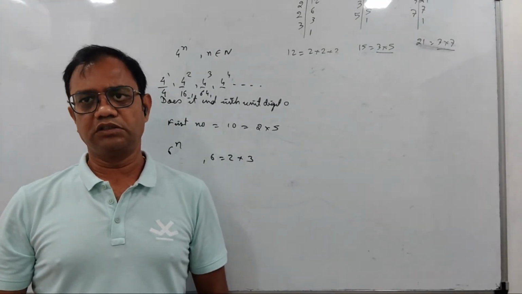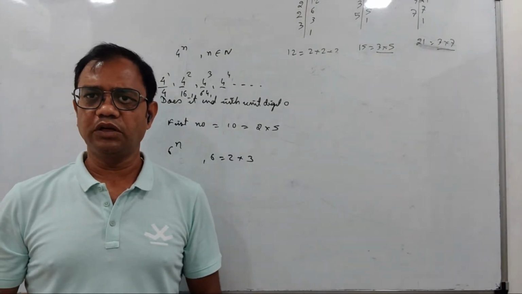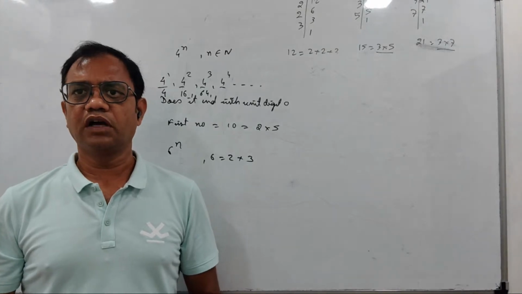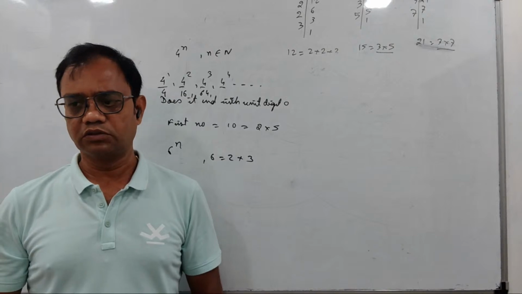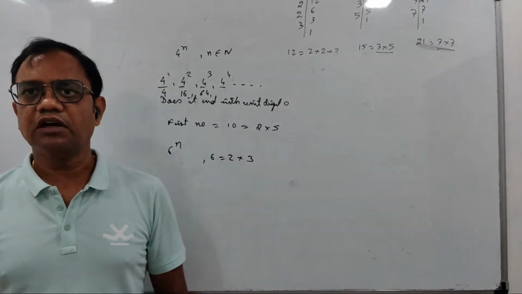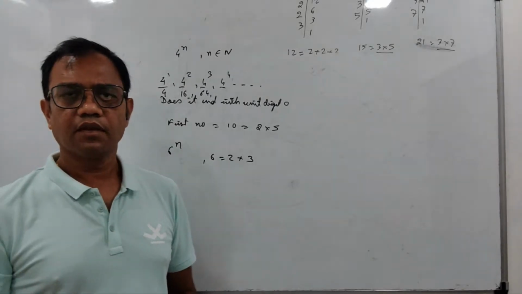Yes, because 10 has factors 2 and 5. Then does 8 raised to n end with digit 0? No. Why? Because the factors of 8 are 2 into 2 into 2. It does not end with digit 0. So this is how we find out whether any number ends with digit 0 or not.